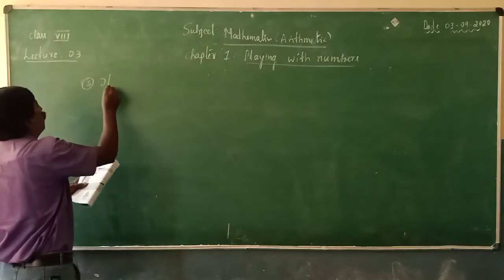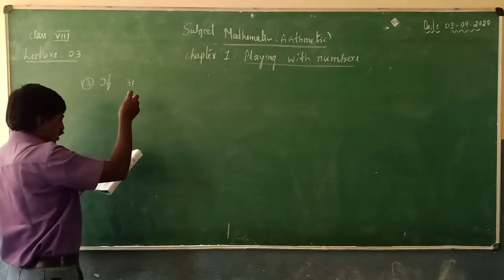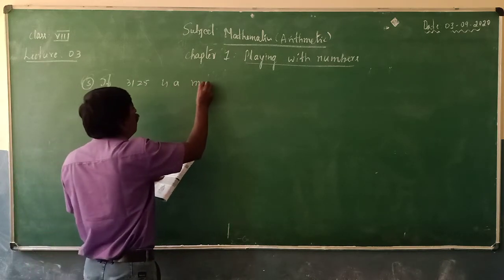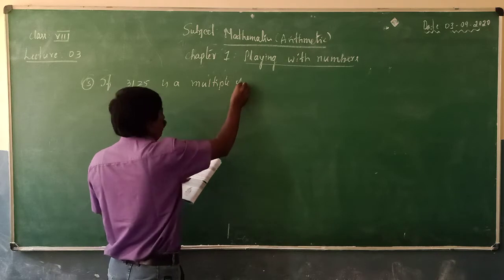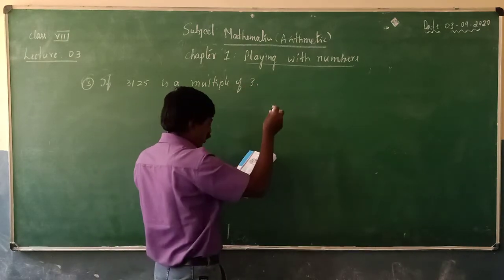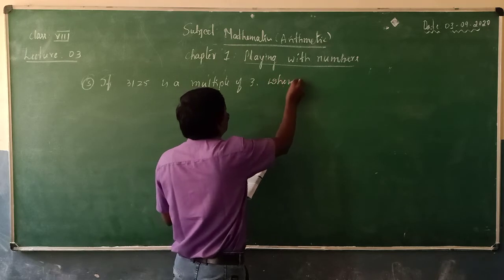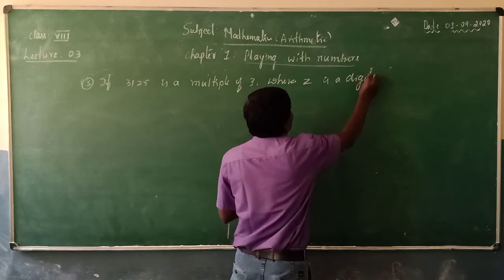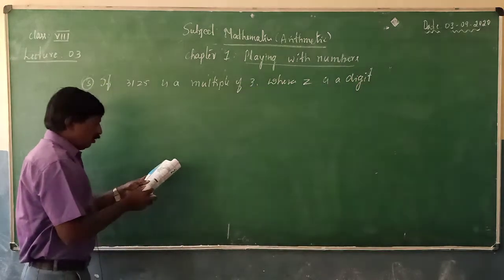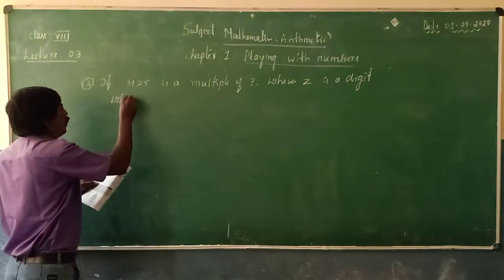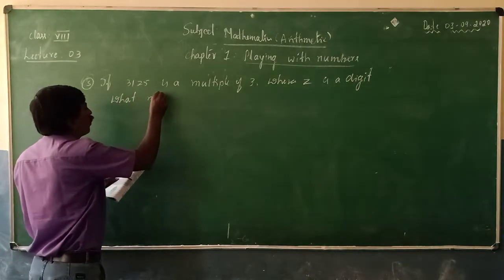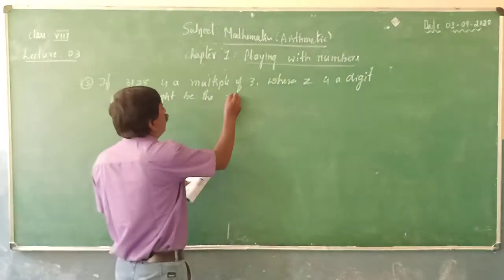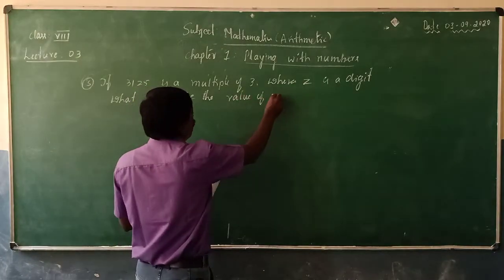Fifth one. If 31z5 is a multiple of 3 where z is a digit, what might be the value of z?